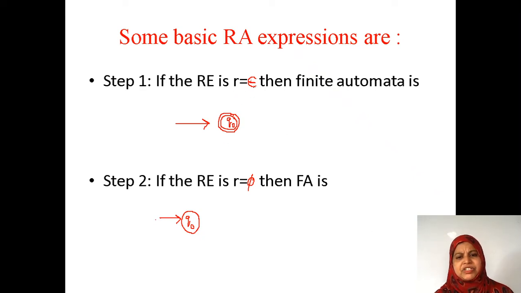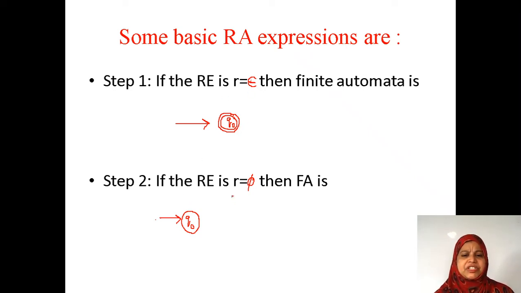If the regular expression consists of only an epsilon move, then the finite automata for that regular expression is this: the initial state becomes the final state, only one state which doesn't contain any input symbols.